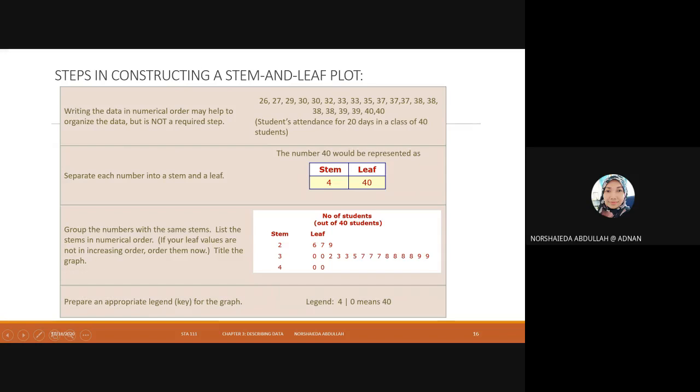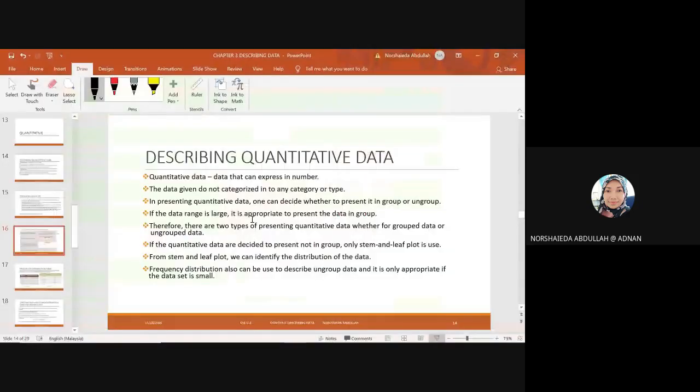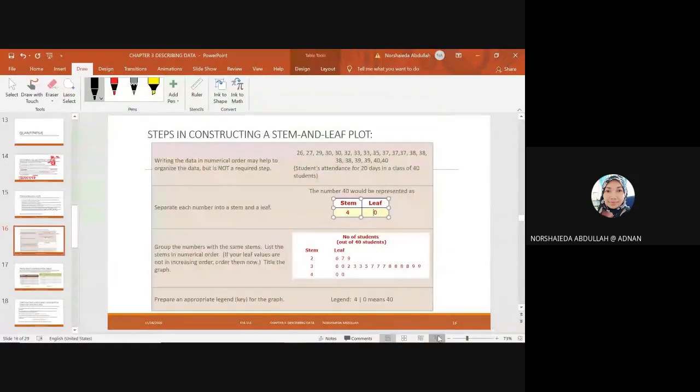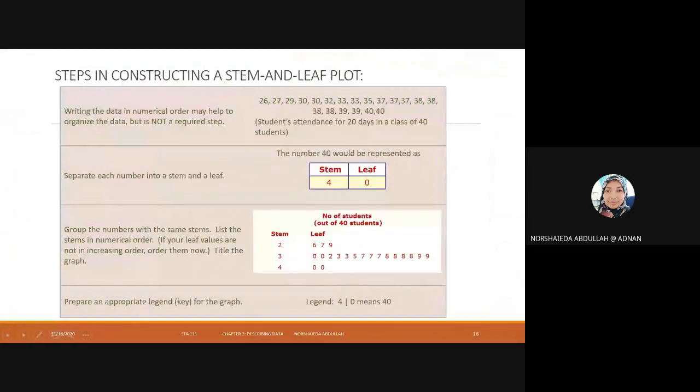So to plot a stem and leaf, we need to divide the digit into two parts, the stem and the leaf. Sorry, there was a typing error here. For example, let's say the data is 40.